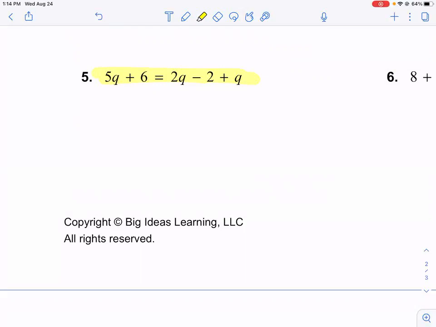We need to combine like terms. So this is what I'd like for you to do. You combine like terms and then solve for Q. Do it without my assistance. Go. I have no problem if you talk to your elbow partner.